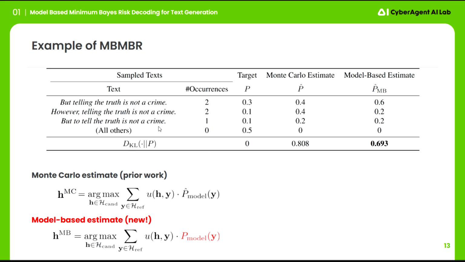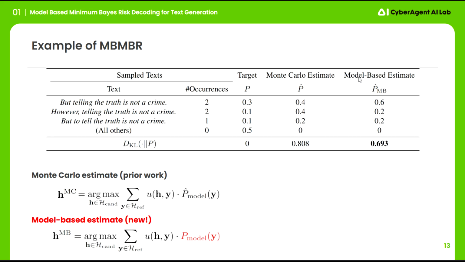Here is an example of how the Monte Carlo estimate and our model-based estimate work. Let's say we have two occurrences of this text, two for this one, and one for this one, and there are no other texts. And say our target probability distribution is like this. For the Monte Carlo estimate, we simply use and normalize these occurrences, so it would be 0.4, 0.4, 0.2, respectively.